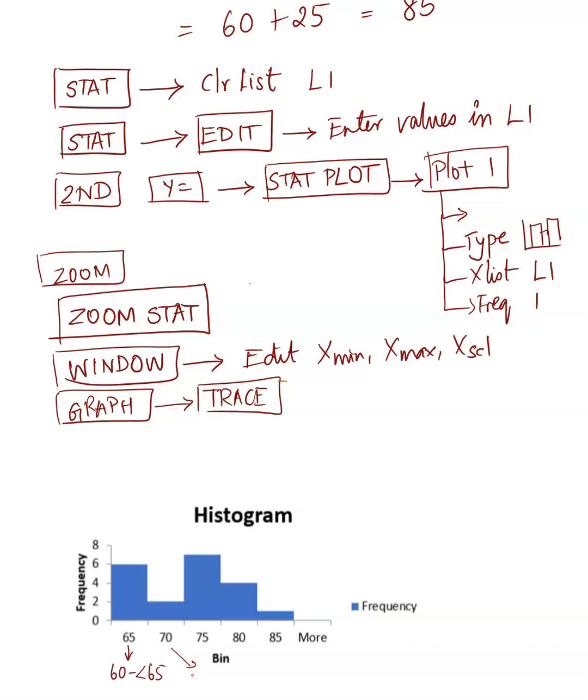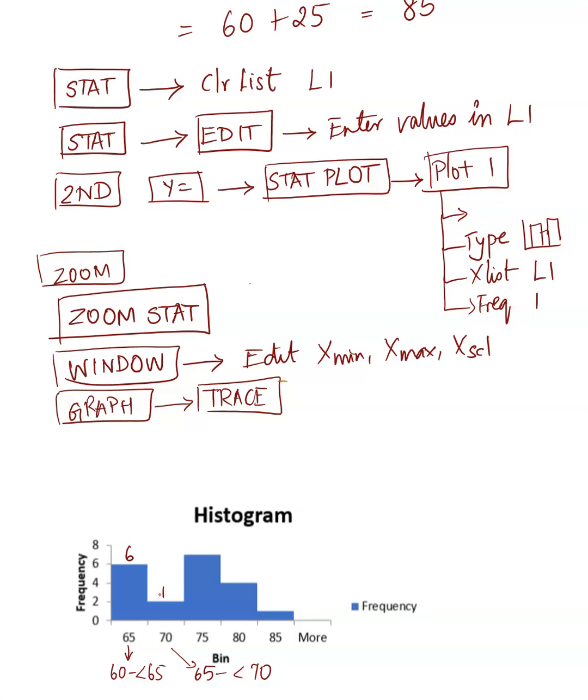So move to the second bar, and that says it is from minimum 65 to less than 70, and then 70 to less than 75, and so on, right? If you looked at the n values, for the first bar, the n value came up to be 6. The second bar, the n value was 1.